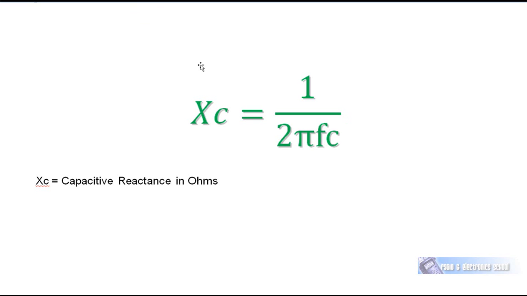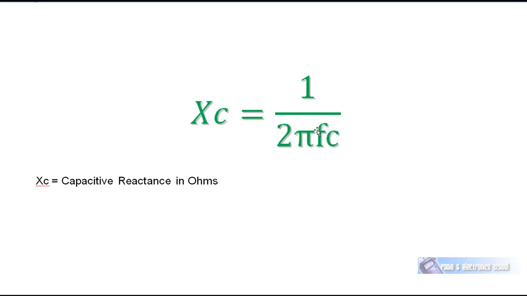It's an inverse proportion. XC is inversely proportional to F and C. You can't change 2 pi, that's a constant, roughly equal to 6. The only factors that affect capacitive reactance are frequency and capacitance. If anything in a denominator is made bigger, that makes the fraction smaller and therefore XC is smaller.